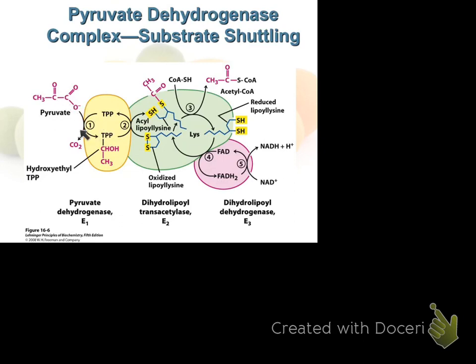So what happens is it decarboxylates it, and then the two carbons, which will become the acetyl group, get added to the actual TPP part. Then it just goes and it gets shuttled to the lipoic acid. Lipoic acid then, this is where the actual coenzyme A gets added on. Okay, so that's why it's important. And then the acetyl-CoA exits the enzyme complex.